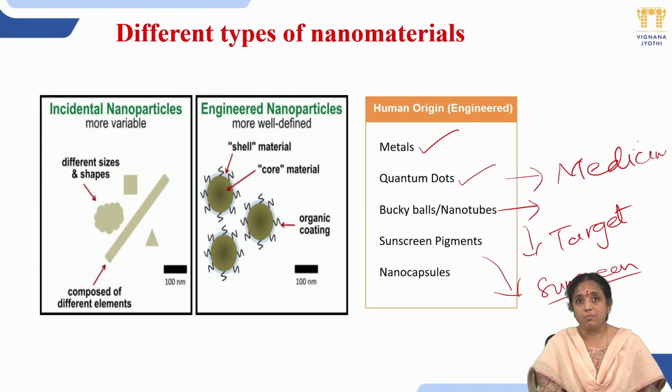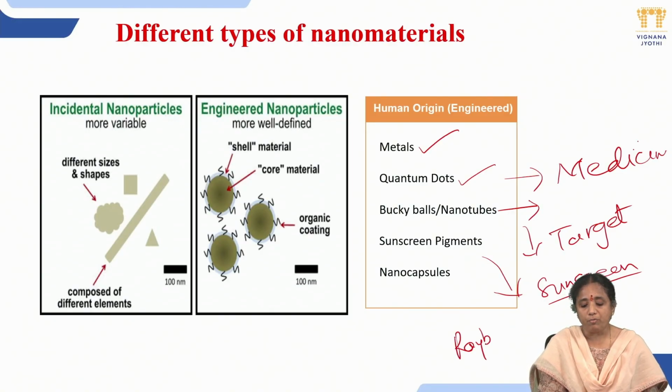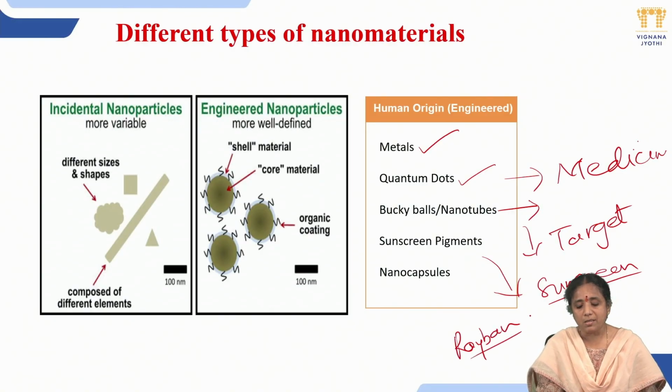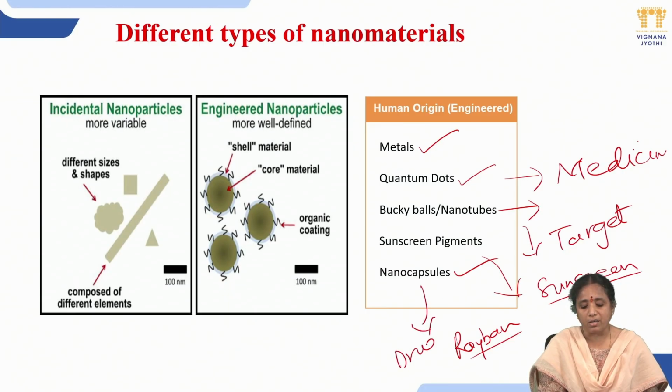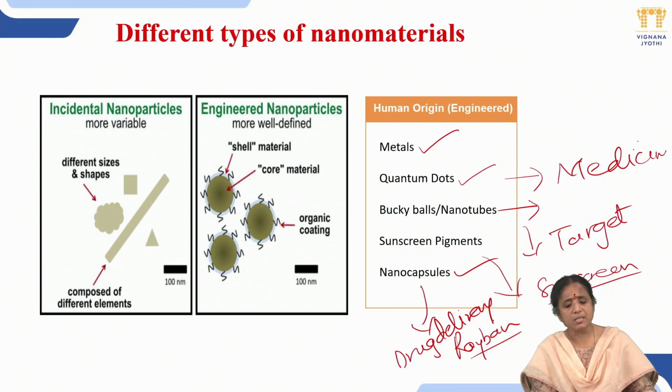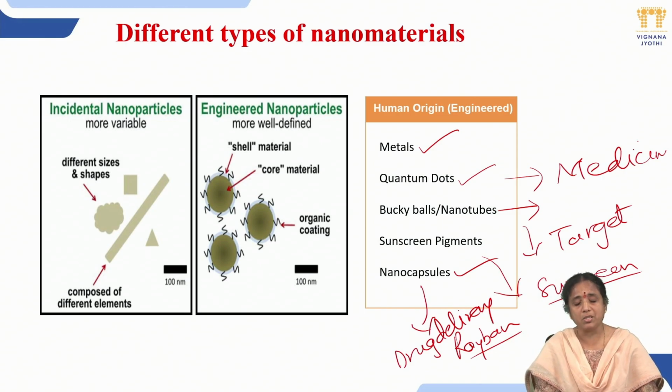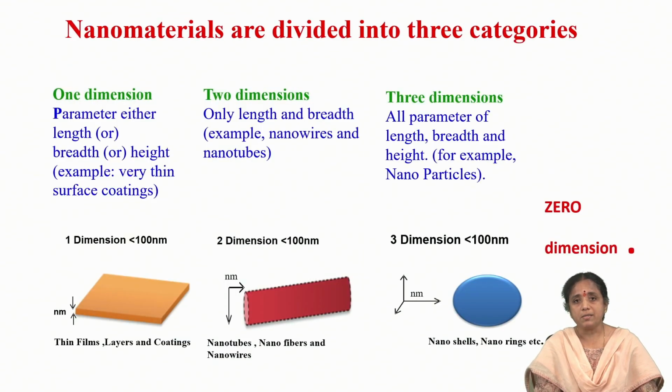Then you have Ray-Ban glasses which protect you from UV rays. These are thin films covering the Ray-Ban glasses, which protect you from the sun rays. Then nanocapsules. Nanocapsules are used for drug delivery. These are some of the examples of human origin engineered nanoparticles.